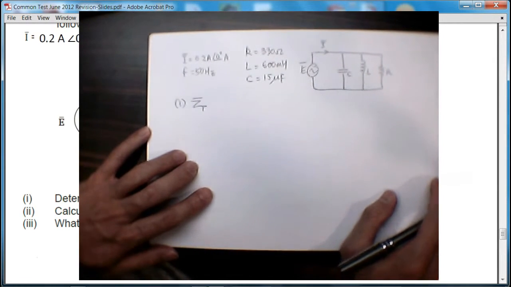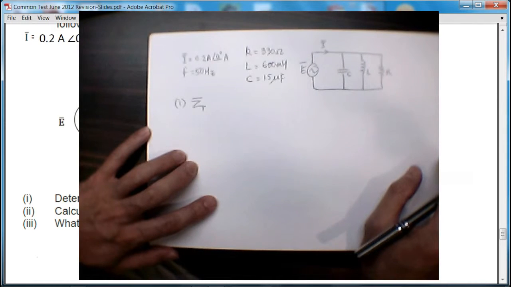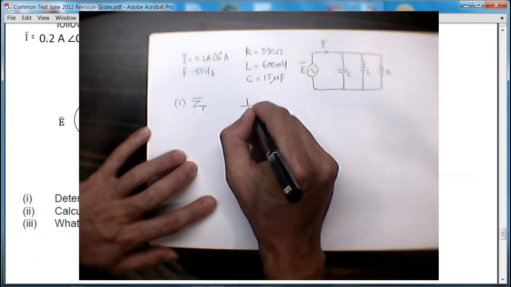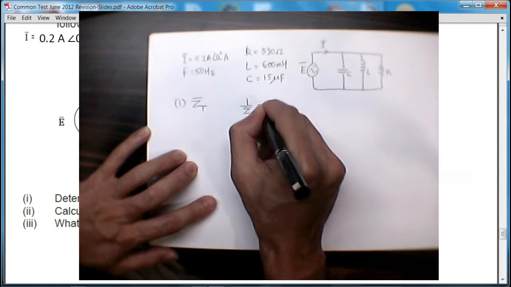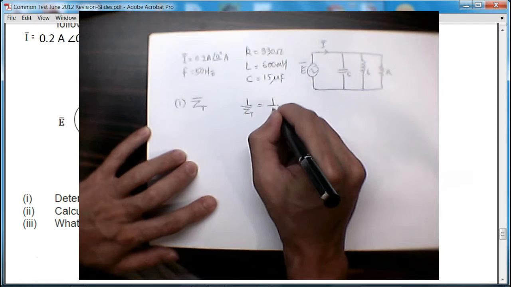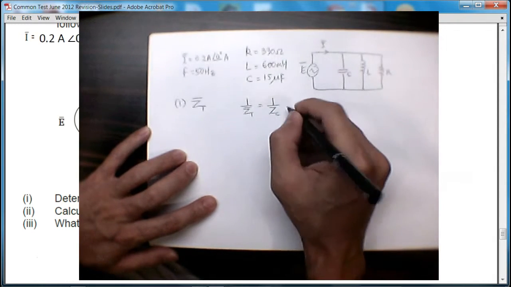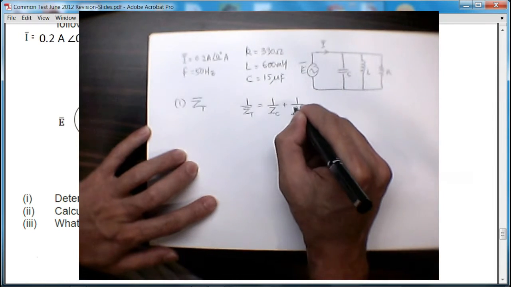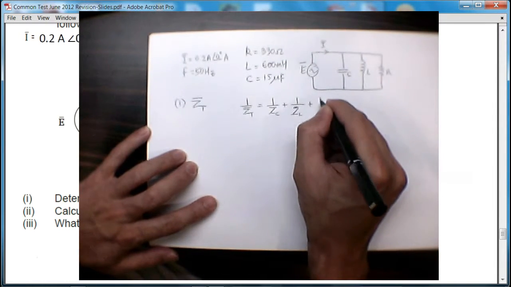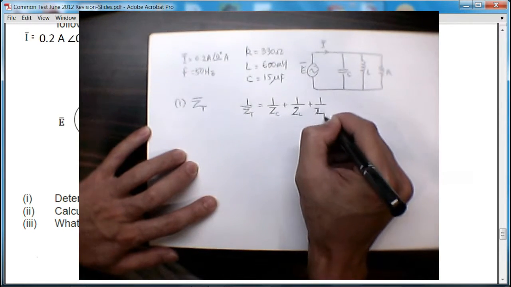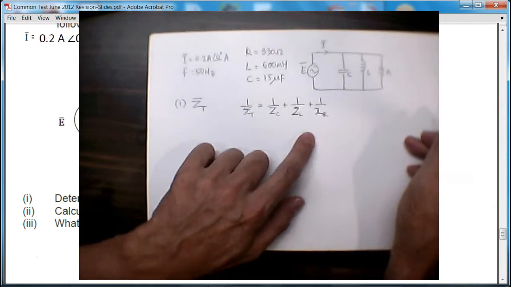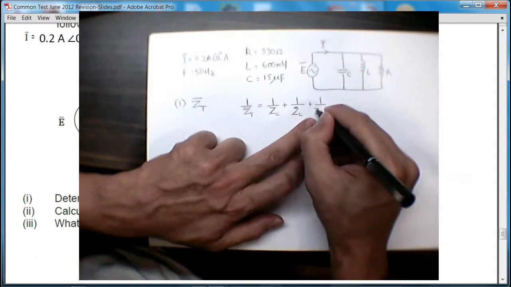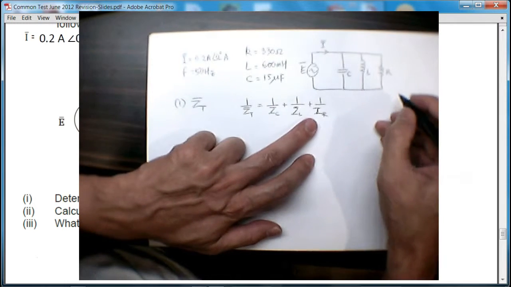Now we know, for impedance in parallel, 1 upon ZT is equal to 1 upon Z, the impedance due to the capacitor, plus the impedance due to the inductor, plus impedance due to the resistor. So in order to do the calculation, we have to determine the impedance of each of these elements separately.